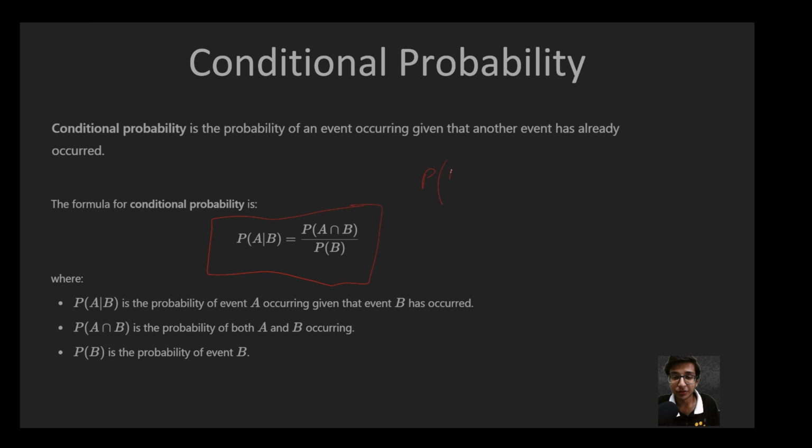We say that the probability of A given that B has occurred is equal to P of A intersection B upon the probability of B. Here we are assuming that B has already occurred, and A is the event whose probability we are finding. So this is our A. Again, you have to remember this.